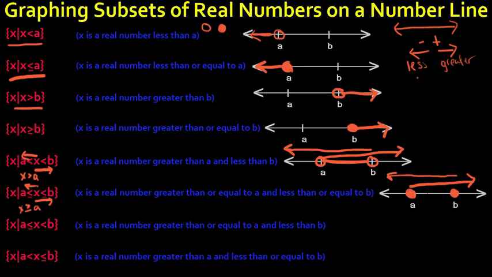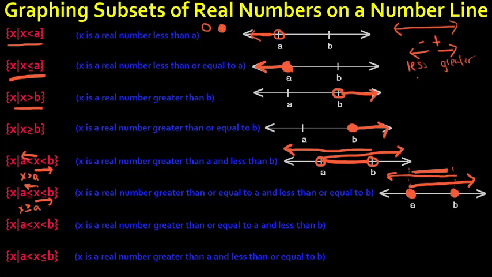So it's including a. So now where do these lines overlap? Well, since a starts here, we would go up, and then b starts here. We'll go up, and this area right here is where they overlap.